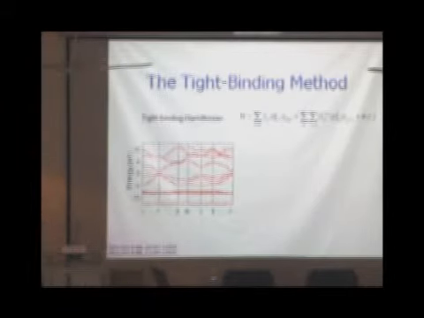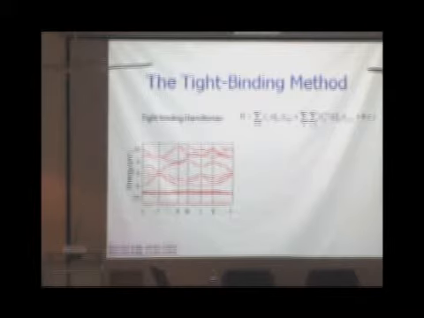You get the on-site energies, which means the energy levels of these orbitals, and the hopping parameters, which means how much they interact with the next neighbor or the second next neighbor. If you account for all of them, you can get all your dispersion curves and the band structure of these materials.